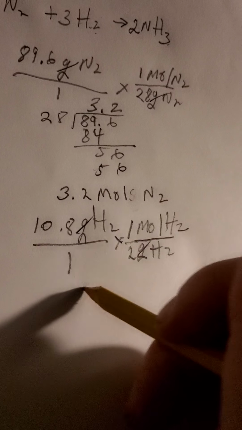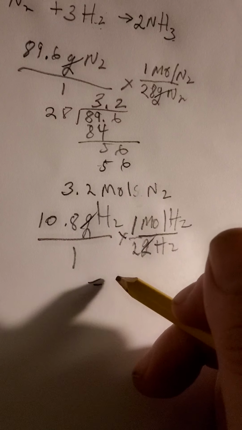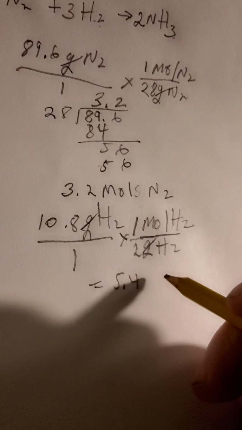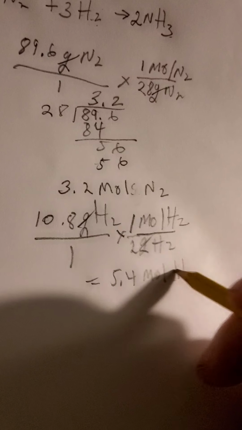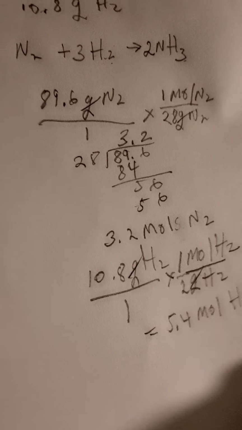What are we going to have left? Well, 10.8 divided by 2 is 5.4. That was easy enough. 5.4 moles of H2. So I'm going to start a new sheet stating what we have available and rewriting the chemical formula.